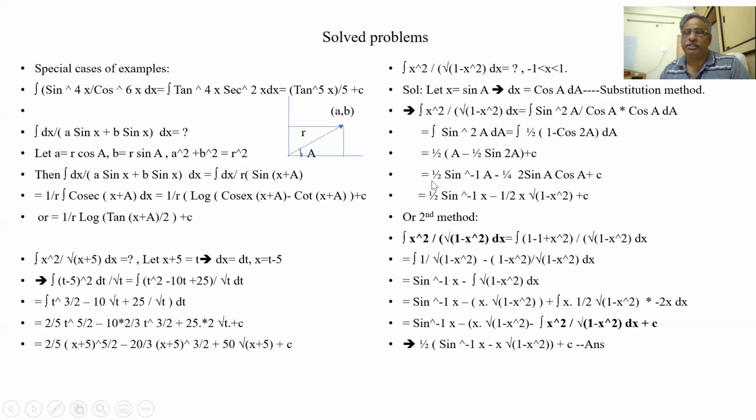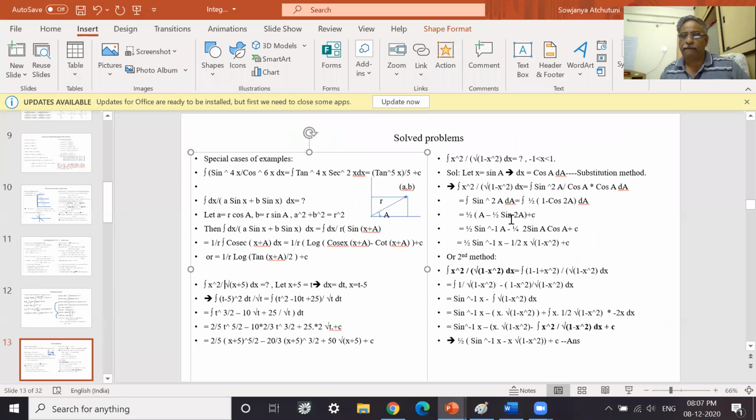Converting this, a itself is sine inverse x, plus sine a is x, cos a is root of 1 minus x square.